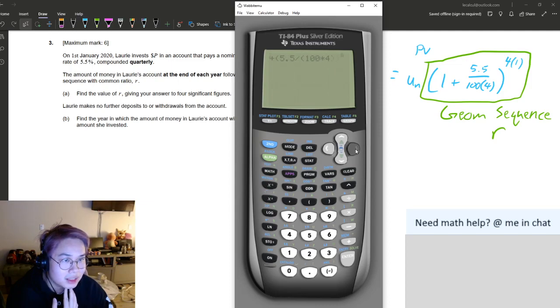And let me just double check that this is right. It is not right. I need one more bracket. So 1.06.